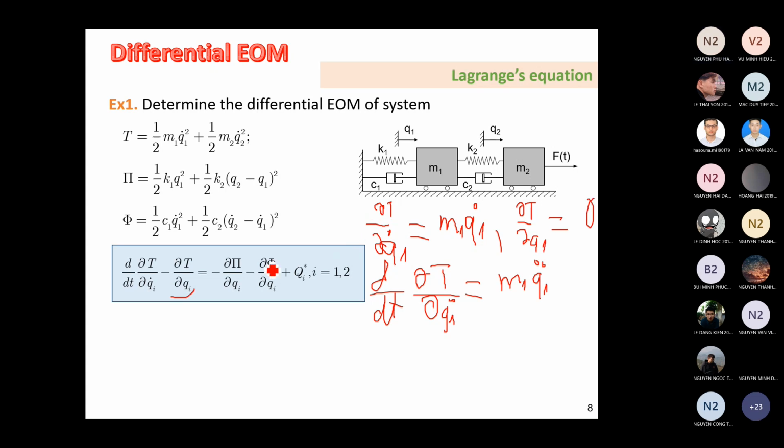Another thing is the potential energy. First it is K1, and this is K1 multiply Q1, right? Plus K2, we have Q2 minus Q1, because this is the derivative with respect to Q1.